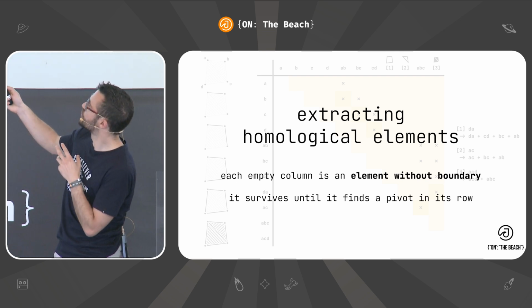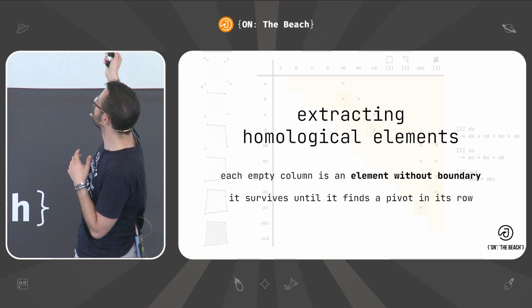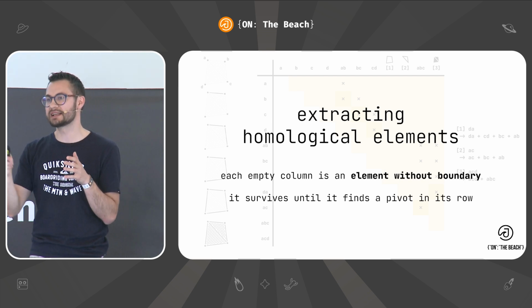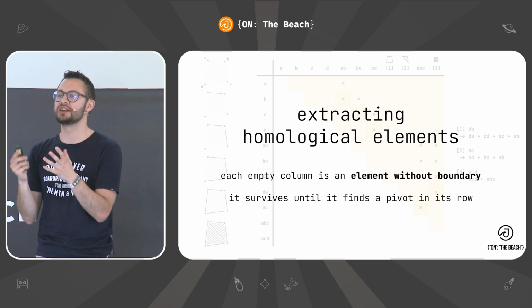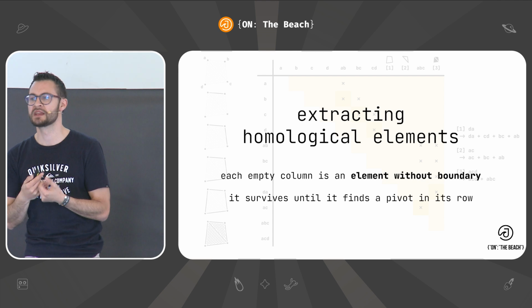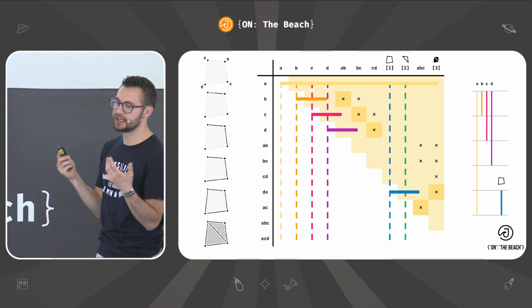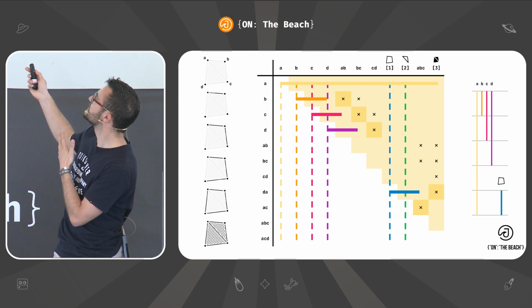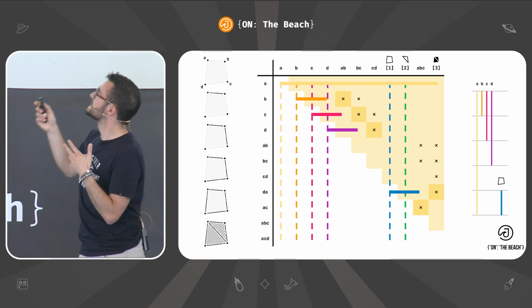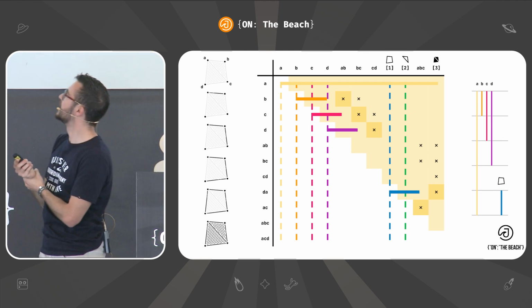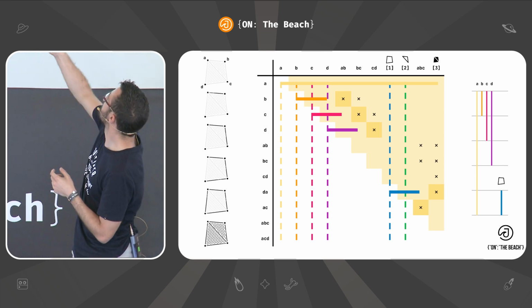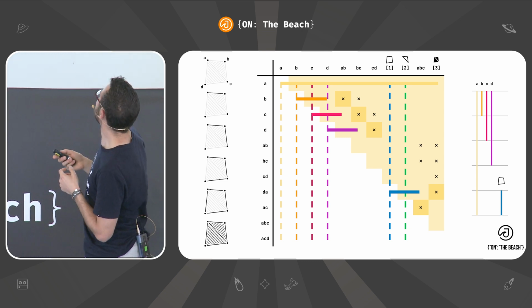And it will survive until it finds a pivot in its row, because the pivot is the one that marks that it is the boundary of something else that has appeared. So for instance, here in our example, in H0, we have a point A. Point A has no boundary, and it also lasts until the very end.